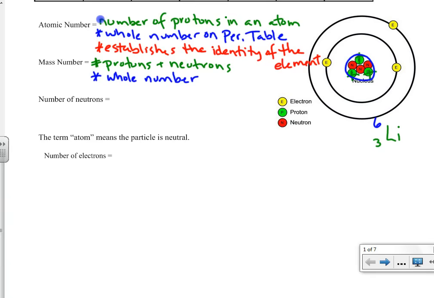So the other number that you see that has a decimal is not considered to be the mass number, but we'll talk about what that number means in a different lecture. Going back to the mass number, it is the number of protons and neutrons in the nucleus. It has to be a whole number, and it represents the mass of an individual atom.